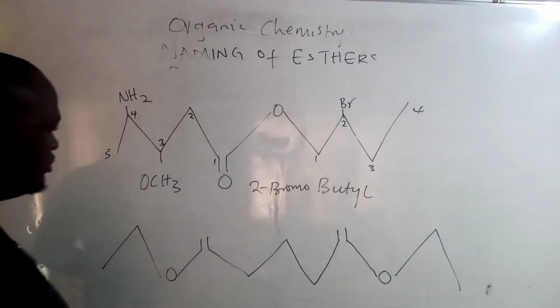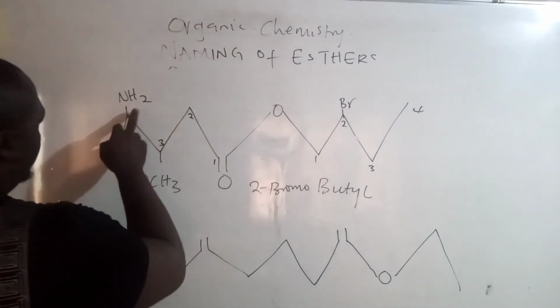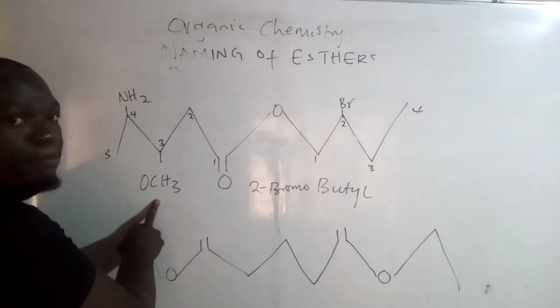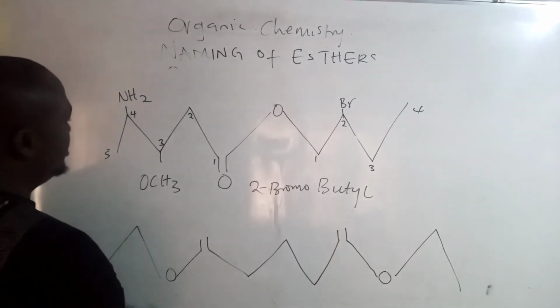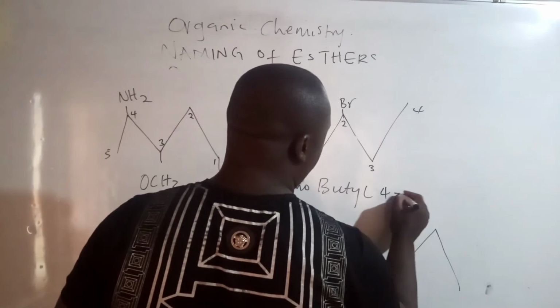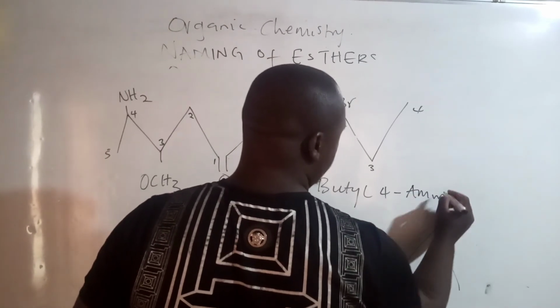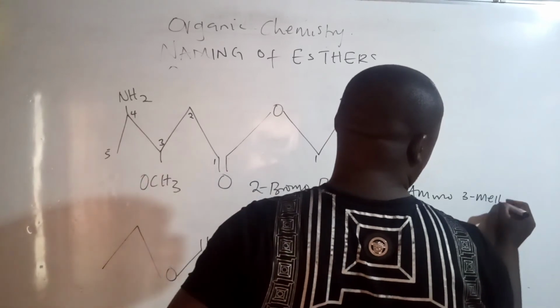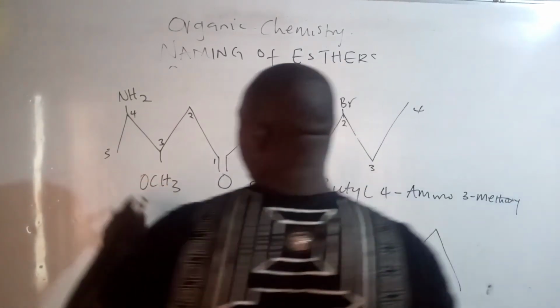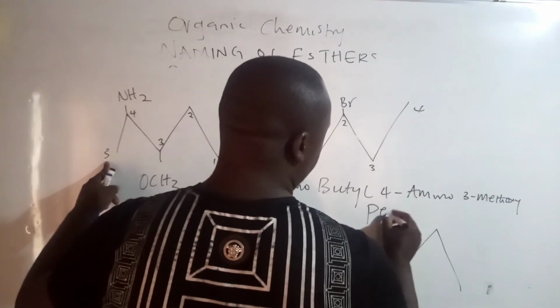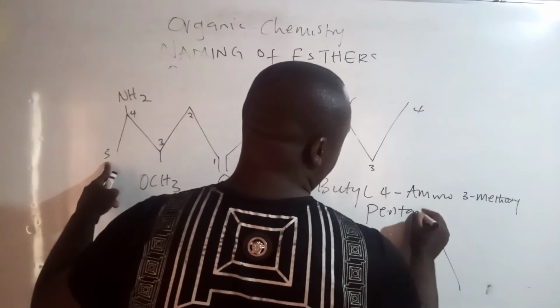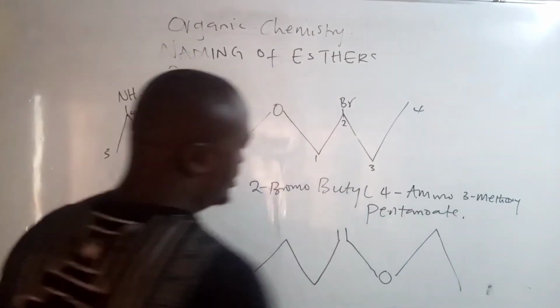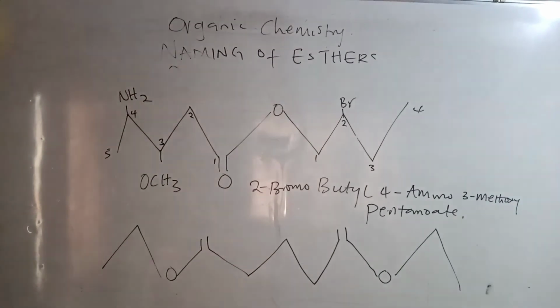Now, A comes before methoxy. So this is 4-amino, 3-methoxy. The parent chain is pentanoate. That's the name of that compound.